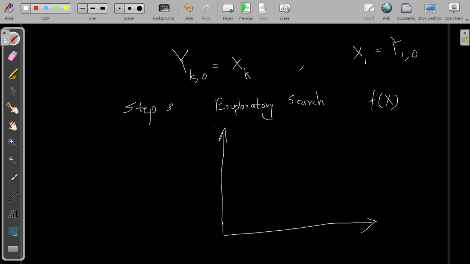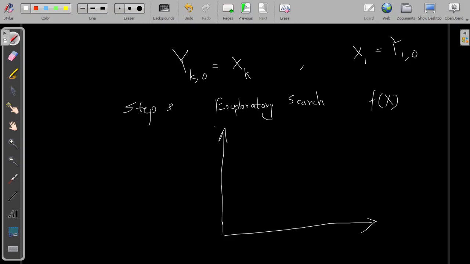Actually all these minimizations are defined for n-dimensional space. So once you understand the two-dimensional problem, you can extend your imagination to n-dimensional space.